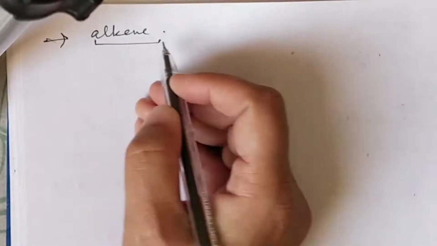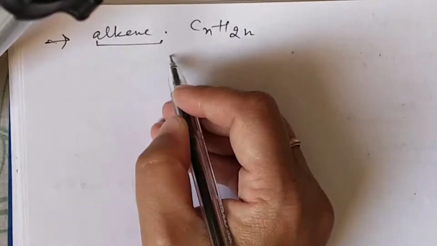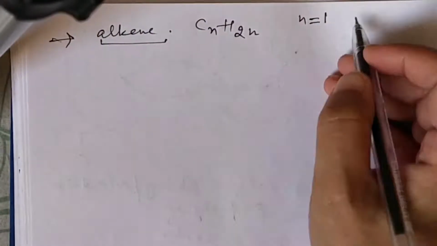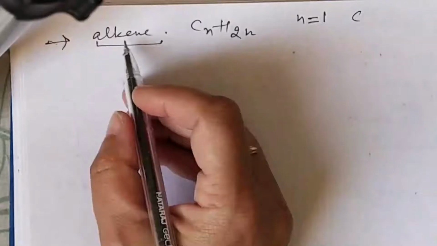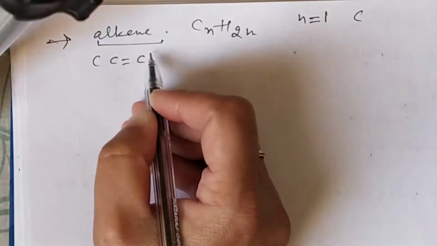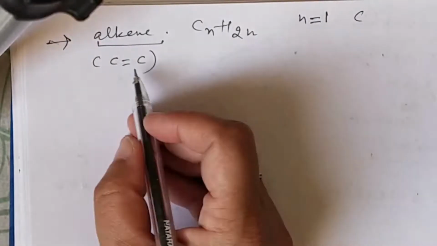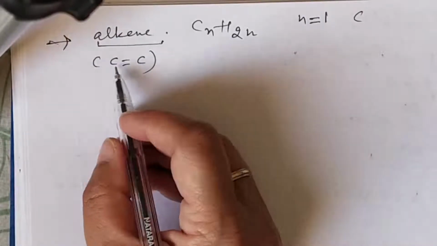Alkene carries the general formula CnH2n. In alkene family there is a formation of carbon carbon double bond. So for the first member you must have minimum number of carbon atoms as 2.